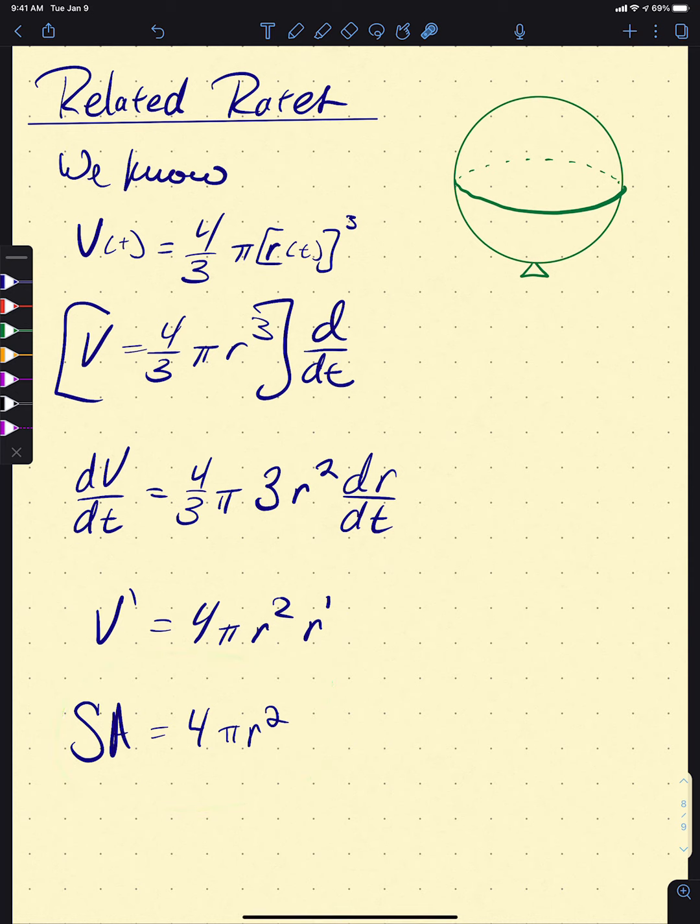Take the derivative with respect to time on this, and you can actually get an expression for how the surface area changes when the volume changes. And that's just a kind of little nifty trick that related rates allows us to do.